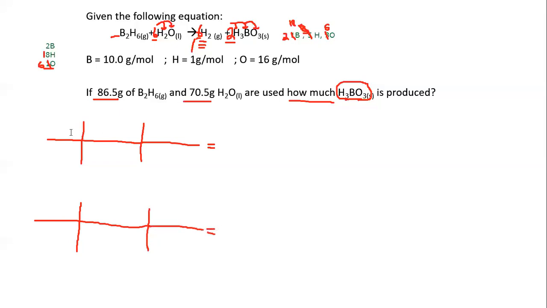So in the first one, we're going to convert B2H6 to moles of H3BO3. And again, we're starting with the mass of B2H6. So we need to divide by the molar mass. So we'll calculate that over here.